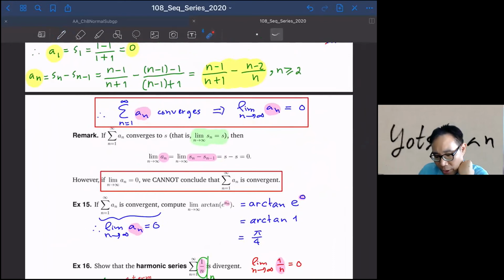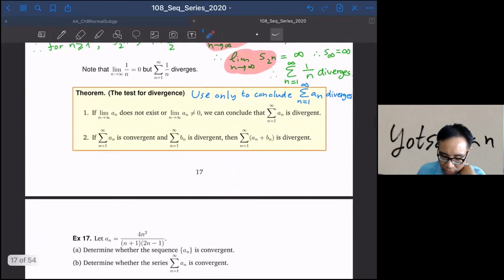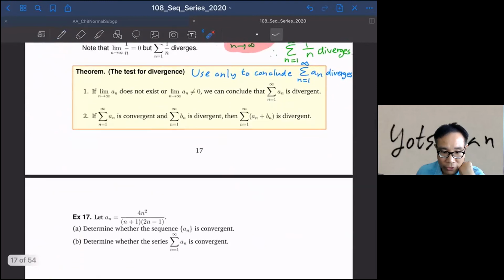So if the limit is not equal to 0, this series cannot converge. Cannot converge means diverges. So if this limit is not equal to 0 or doesn't exist, it means that this series cannot be convergent, so it is divergent. So that is called the test for divergence.